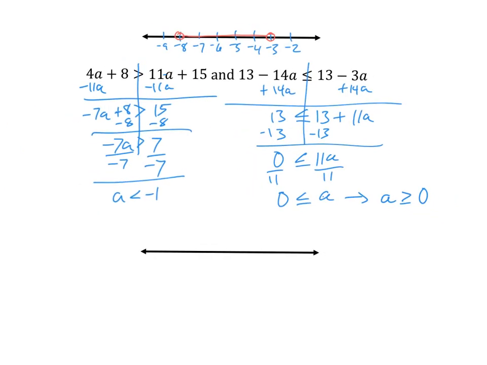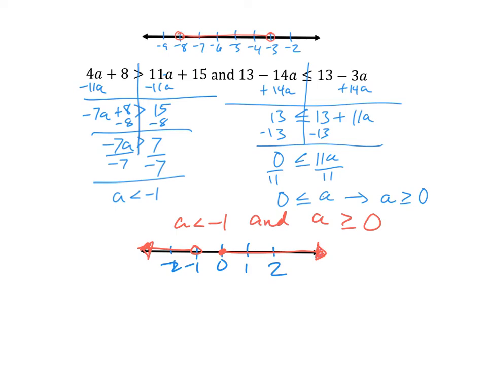Okay, so now in this case, we have a is less than negative 1 and a is greater than or equal to 0. Well, we could try to start graphing this. If we did that, we would maybe get negative 2, negative 1, 0, 1, 2. a is less than negative 1 would mean we have an open circle at negative 1, shade to the left. a is greater than or equal to 0, we'd have a closed circle at 0 and shade to the right.